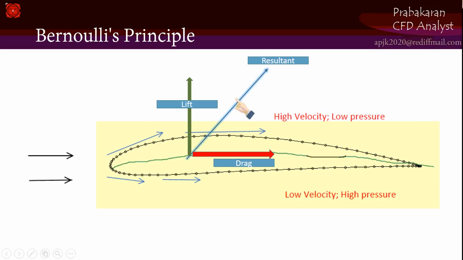This vector represents the resultant, which is conventional for aerofoils at this kind of angle of attack. When I resolve the total resultant force, produced because of the pressure distribution and the shear stress distribution, in the flow direction, I get the drag. When I resolve the resultant force in the direction perpendicular to the flow, I get the lift force. Okay.